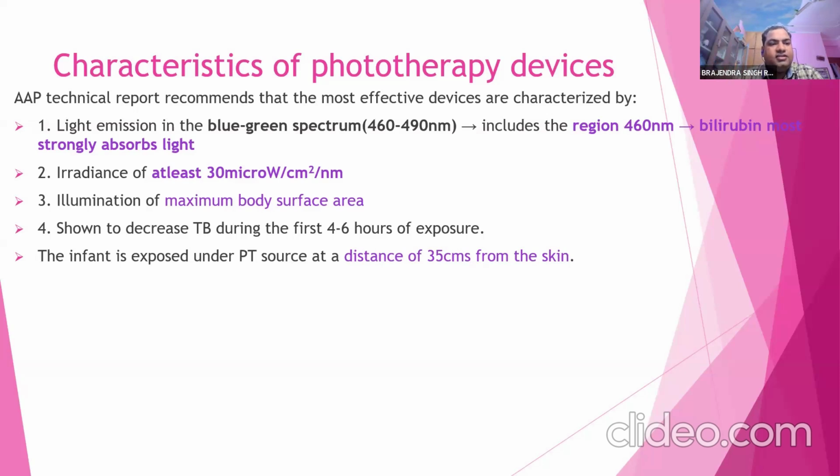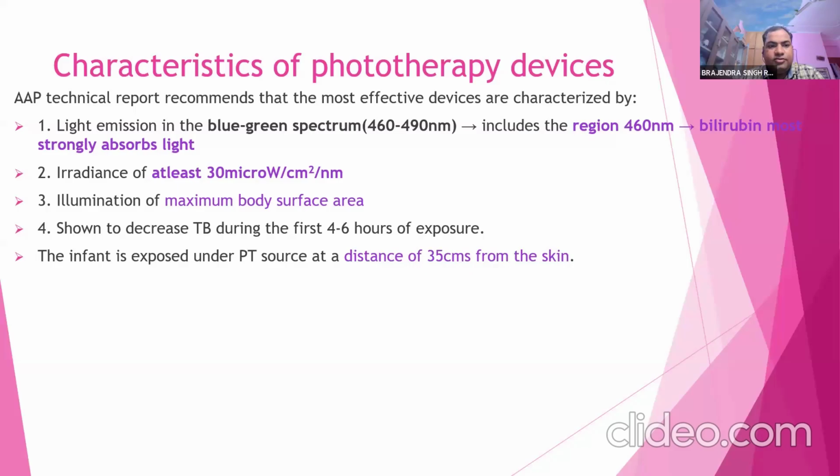And irradiation of at least 30 microwatt per centimeter square per nanometer. This is the second very important point. Irradiation should be about 30, and illumination of the maximum body surface area, so as to decrease the total level during the first 4 to 6 hours of exposure.